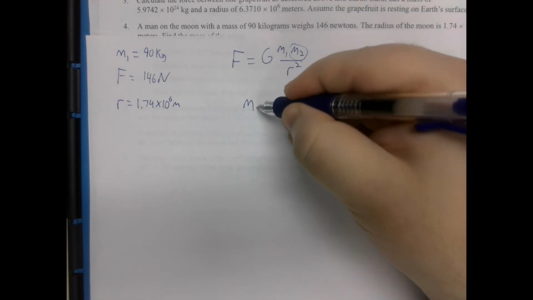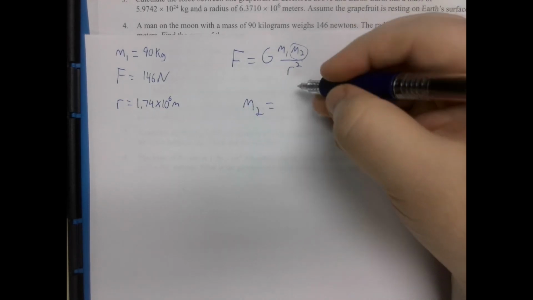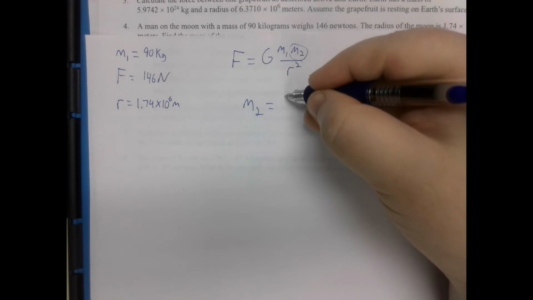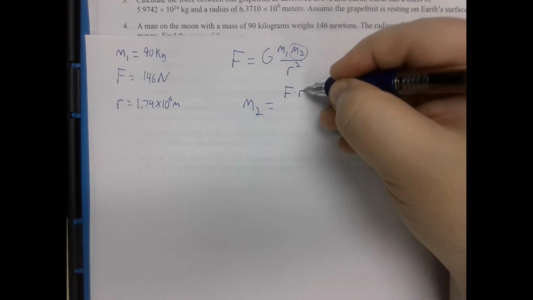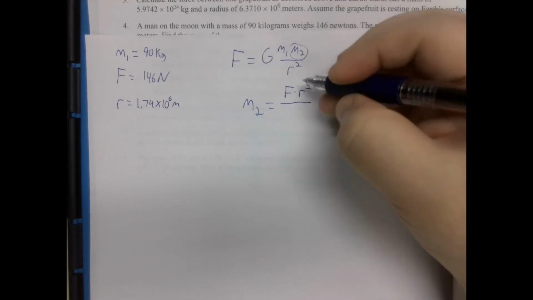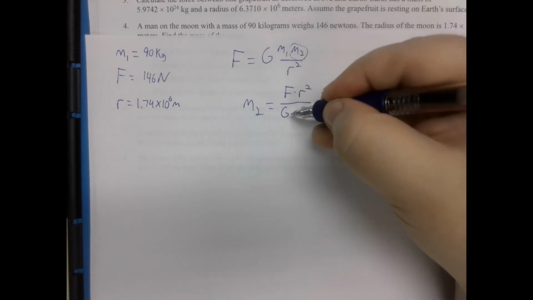So M2 would be equal to force times the radius squared divided by G times M1.